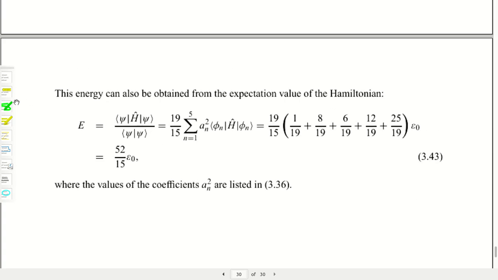Here is another way to find the expectation value of energy, which I will discuss later. Energy is a dynamical variable, and its operator in the time independent Schrodinger equation is the Hamiltonian of the system.